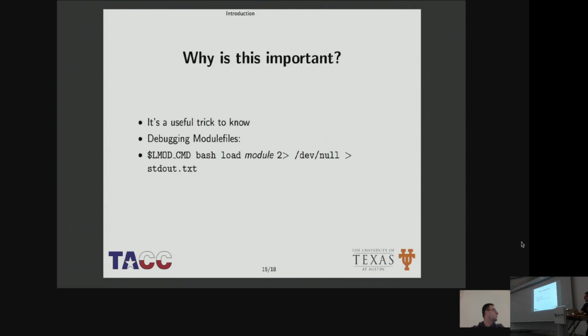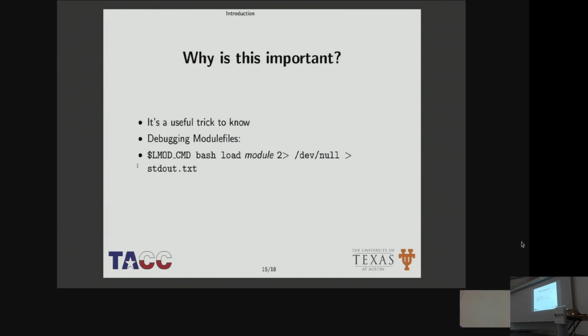It's also helpful when you're debugging modules. Some module file is giving you trouble and you don't know why it's doing what it's doing. You can run the lmod cmd with some shell, load and the module, pipe the standard error to /dev/null and write things to standard out, and then you can look at what's in standard out and see what the module file is generating without changing your environment.